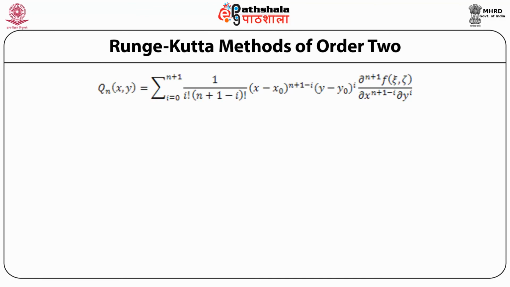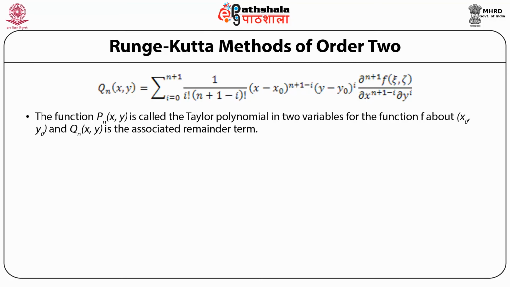Q_n(x, y) equals the summation over i equal to 0 to n plus 1 of 1 upon i factorial (n plus 1 minus i) factorial times (x minus x_0) to the power n plus 1 minus i times (y minus y_0) to the power i times ∂^{n+1} f(ξ, τ) divided by ∂x^{n+1-i} ∂y^i. The function P_n(x, y) is called the Taylor polynomial in two variables for the function f about (x_0, y_0), and Q_n(x, y) is the associated remainder term.